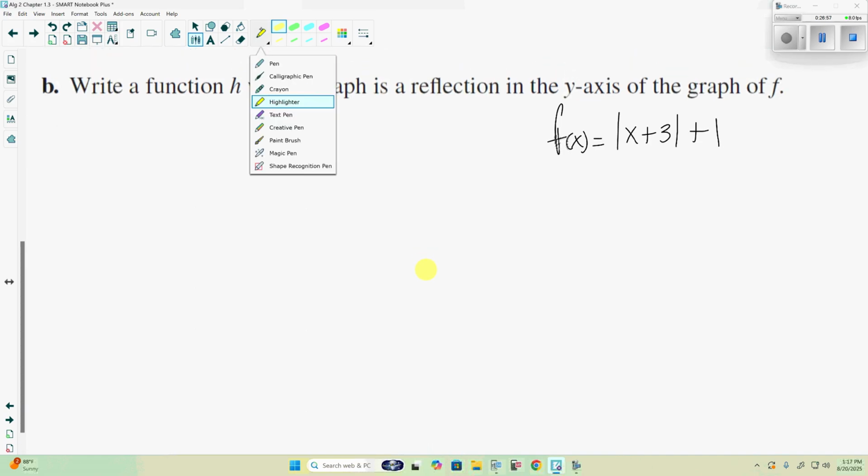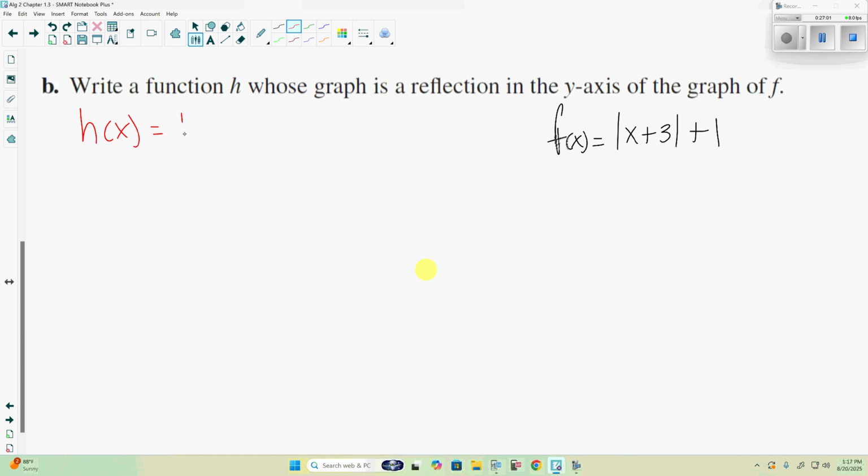Now our next one here, we have h of x. Here's a reflection in the y-axis. Well, our y-axis reflection is f of negative x. So this time, just like with left to right, we're now replacing every x in f of x with negative x.